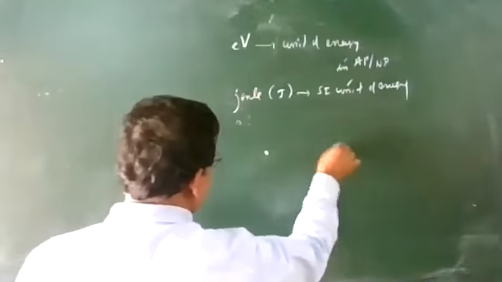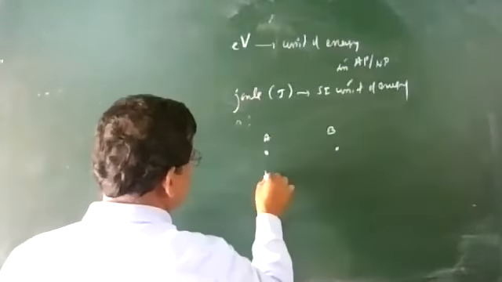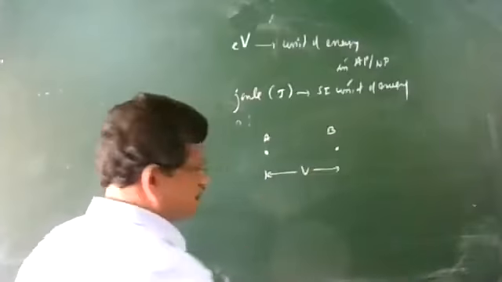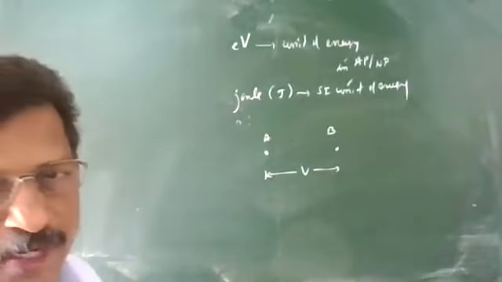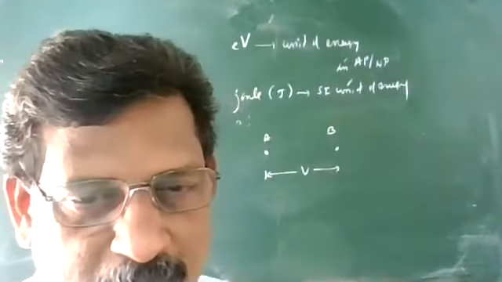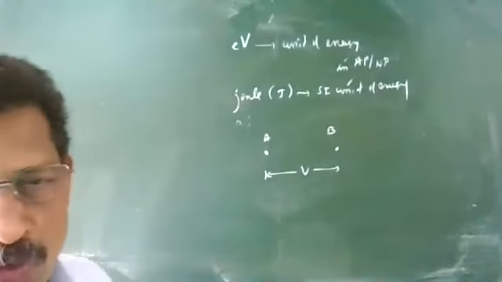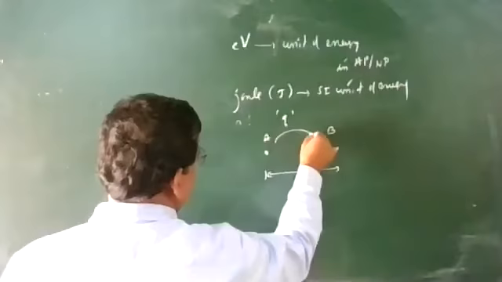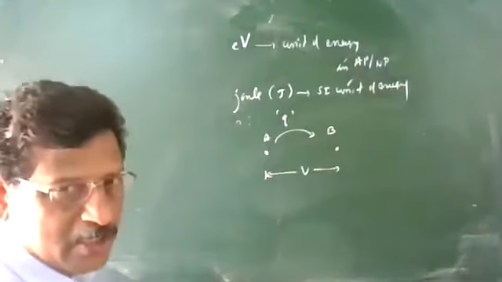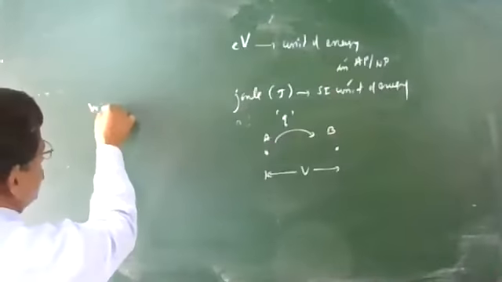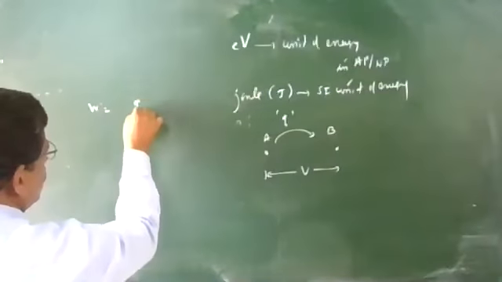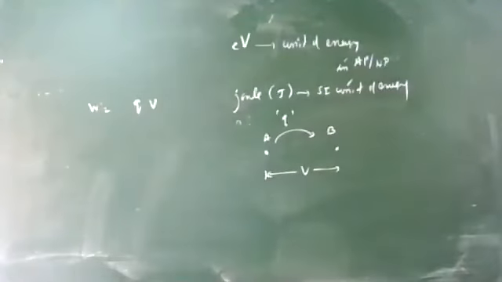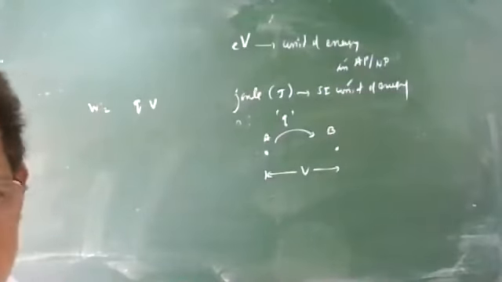Consider two points A and B, and these points are under a potential difference V. It means work done in moving a unit charge from one point to another point is V. Suppose you want to move a charge Q from point A to B. What is work done? Work done to move a charge from A to B is equal to Q into V. V stands for work done for unit charge.